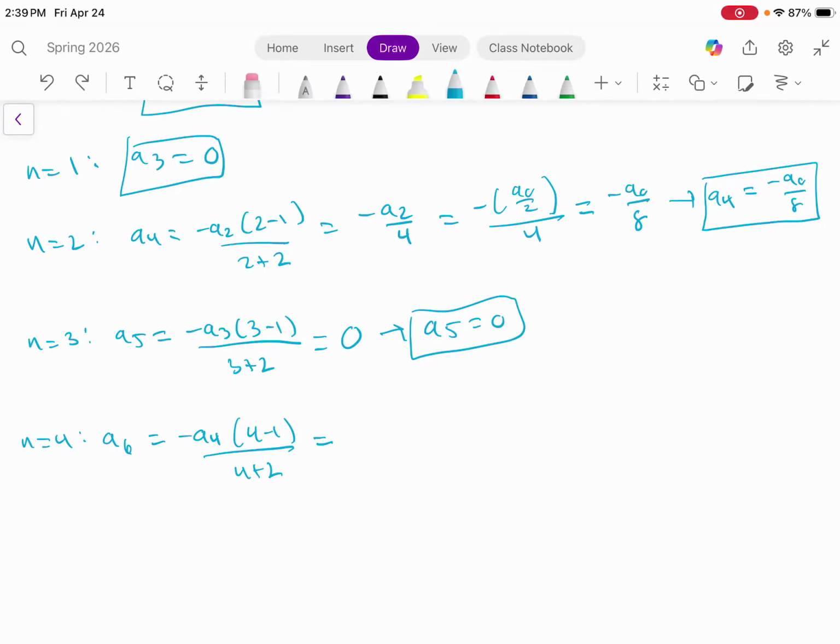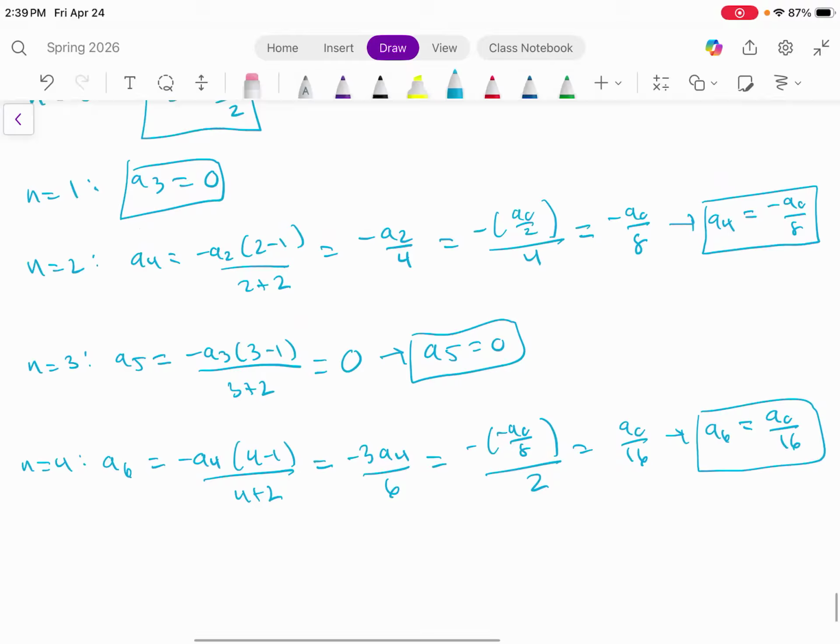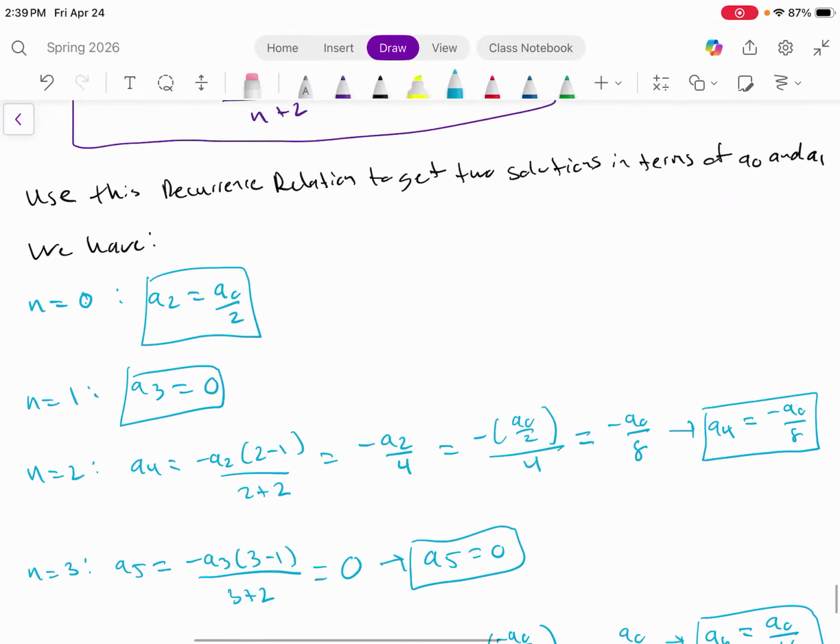So what I end up with is negative 3 a4 all over 6. So it's negative a naught over 8 all over 2. So that would be a naught over 16. And so that's a6 equals a naught over 16. All right, so I'm only getting a naughts. I'm not getting any a1s.